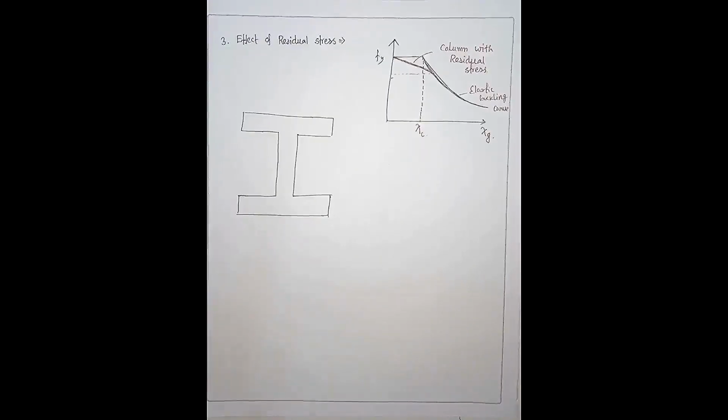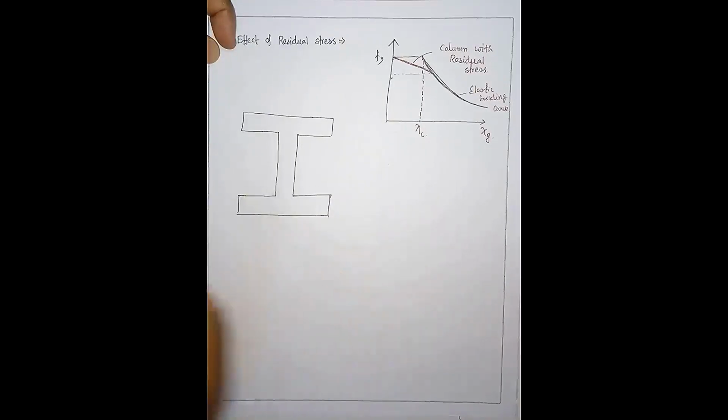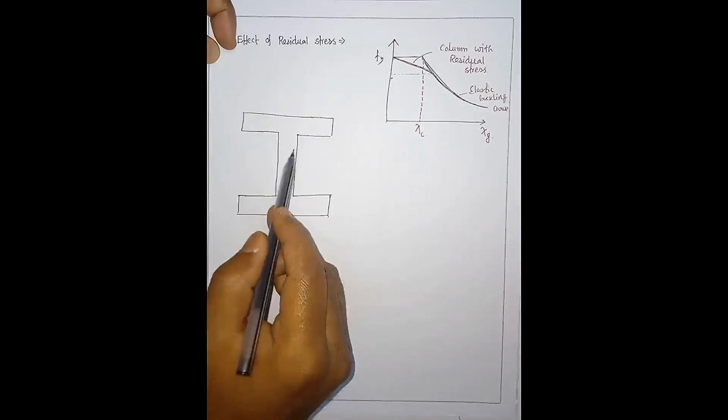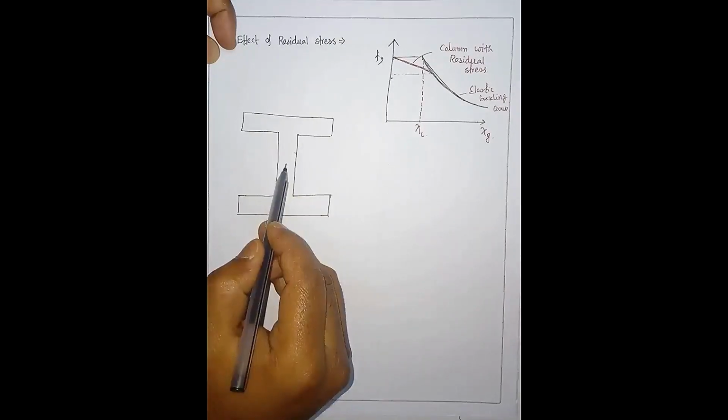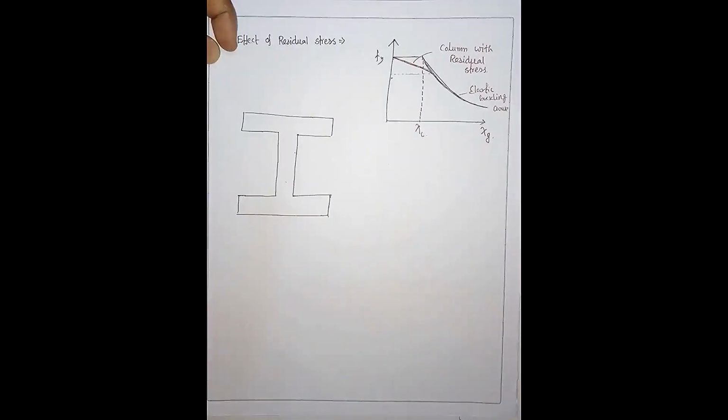If it is subjected to alternate cooling and heating, what will happen? This exterior part will cool down first, and the interior part, the fibers at the interior, will take time to cool down. So in this process there will be some temperature stress, and some stresses will exist in these cross sections.